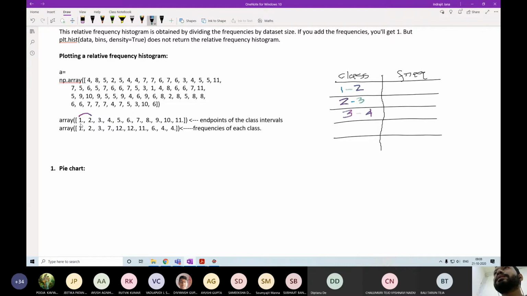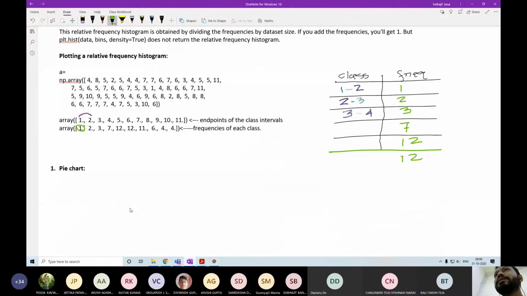The number of data points inside each class is given by those numbers. The number of data points between 1 to 2 is 1, and then 2 to 3 is 2, 3 to 4 is 3, right? And then 7, and then 12, and so on. So these are the frequencies of each class.